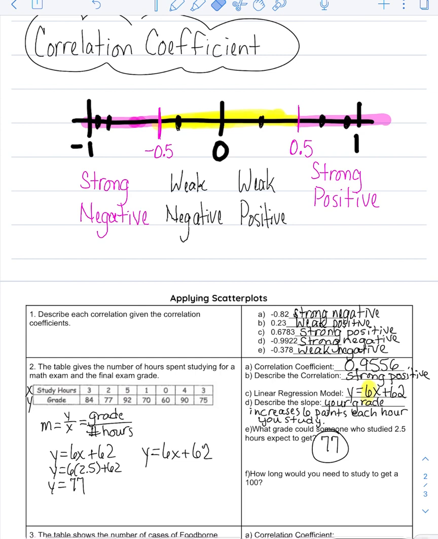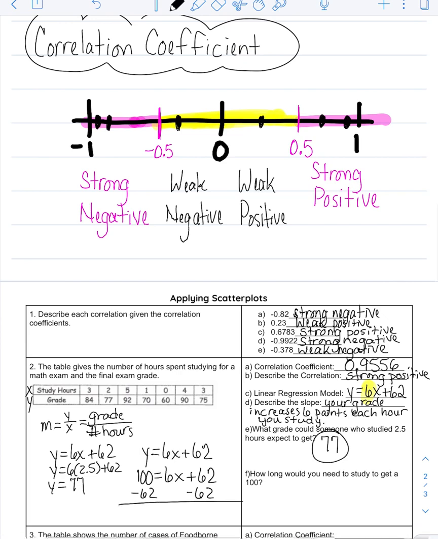So if I want to see how long it would take to get a 100, we said grade is the y. So I'm going to put 100 in place of y and solve for x. Now, we can do this on the calculator, but just for this one, I want to go by hand. I'm going to subtract 62 from both sides.